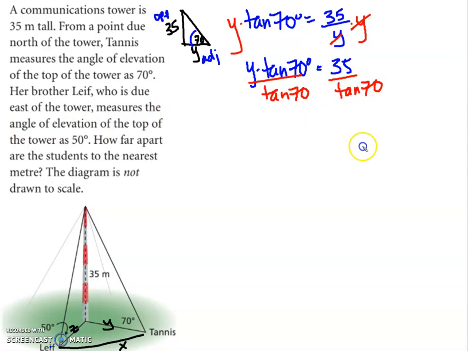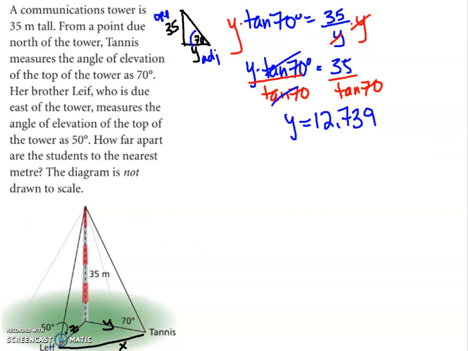Which means y is just 35 divided by the tan of 70. If you plug that in, you're going to end up with 12.739. So we have this length here.